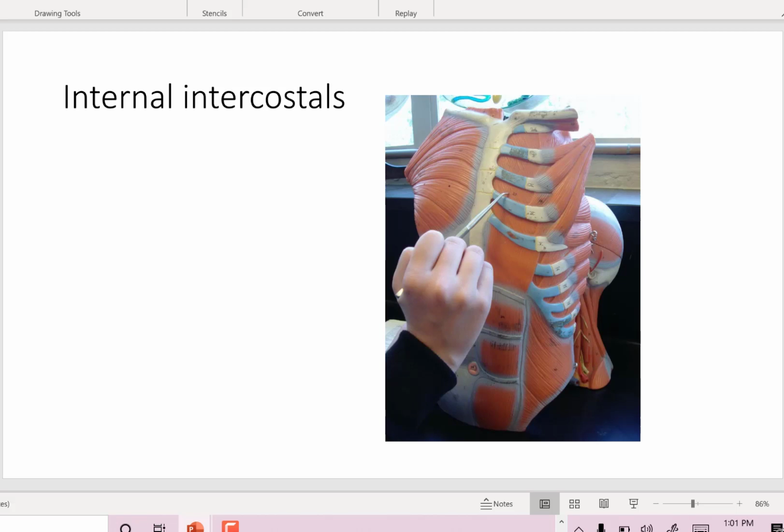And here we can see the other muscle that I was telling you about. Those are the internal intercostals, and they originate from a lower rib and insert on an upper rib.